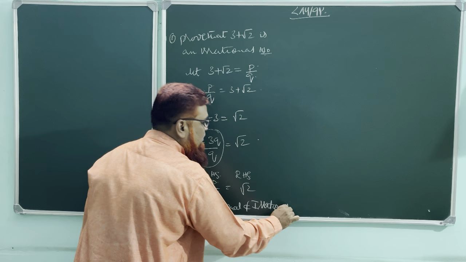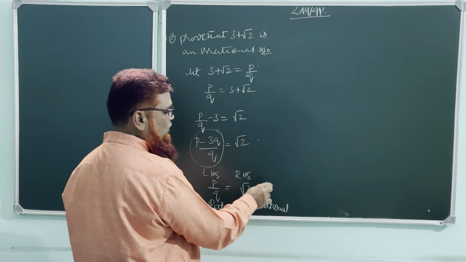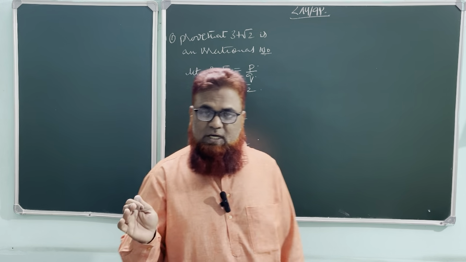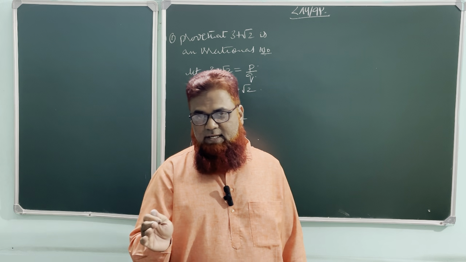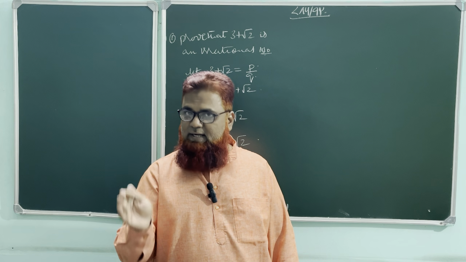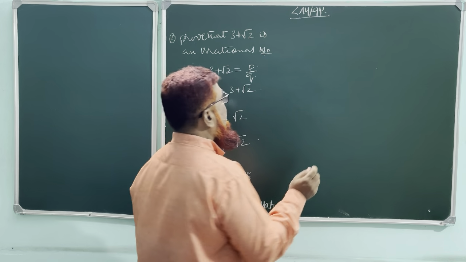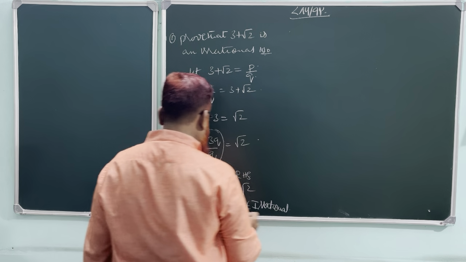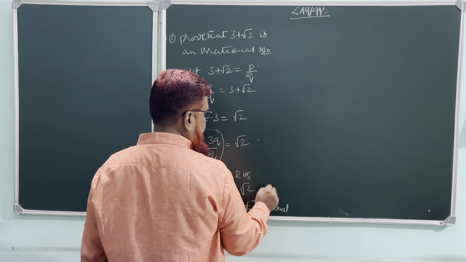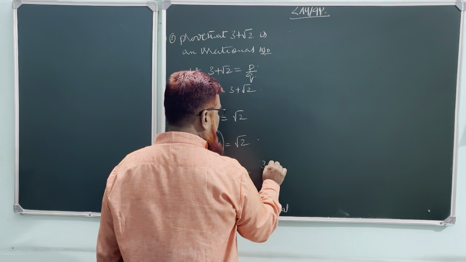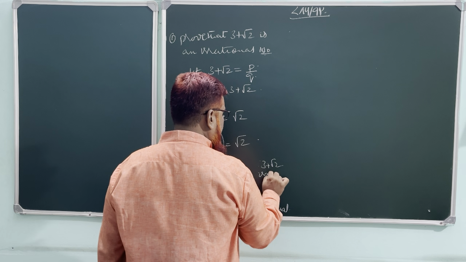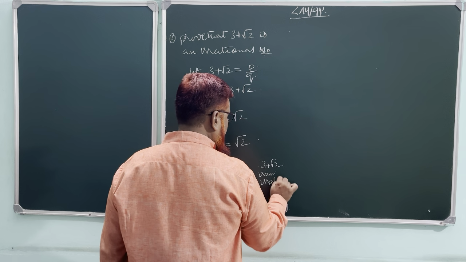Therefore our assumption is absolutely wrong; it is not a rational number, it is an irrational number. Therefore, 3 plus root 2 is an irrational number.